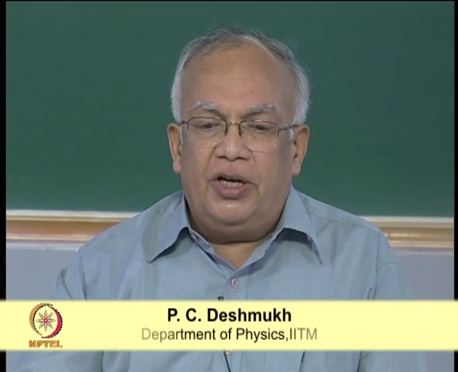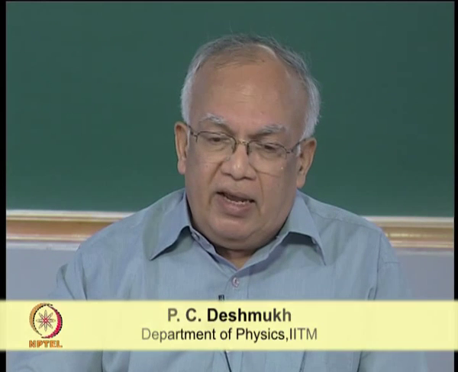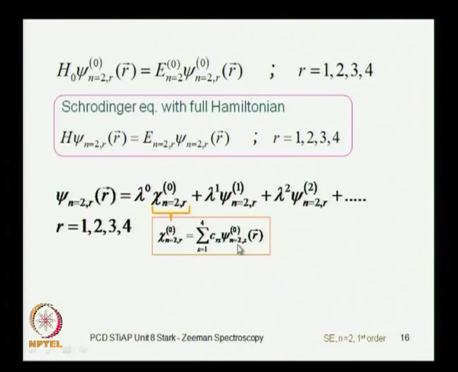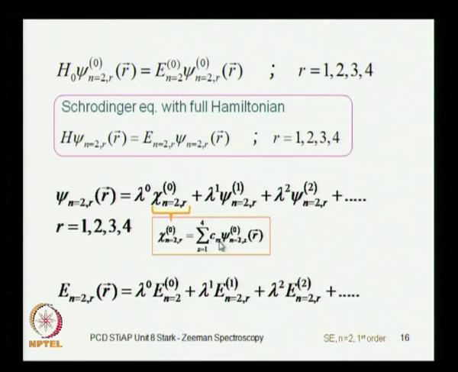So this unperturbed part is a linear superposition of the 4 unperturbed eigenstates. We have already met them. These are the 4 linearly independent eigenfunctions which belong to the same eigenvalue of the hydrogen atom for n equal to 2, and s takes 4 values going from 1 through 4. These coefficients c we do not know yet; we will have to find a mechanism to determine them, which is part of this exercise.